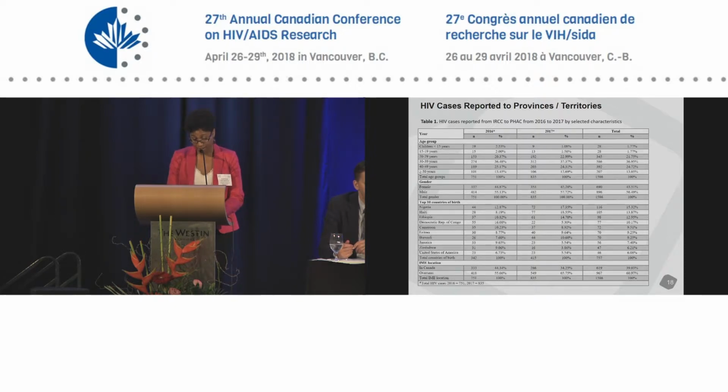Slightly more than half are male, and they originate from countries that are striving to achieve the WHO global targets for sustained viral suppression. Now, as George alluded to earlier, 40% actually get their IME done in Canada, and the expectation is that if they are seen within Canada, they're linked to appropriate HIV care.